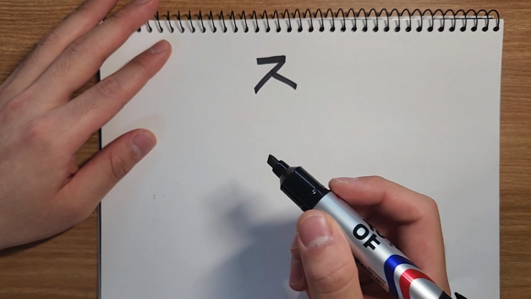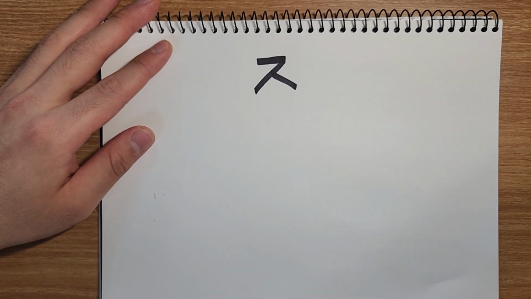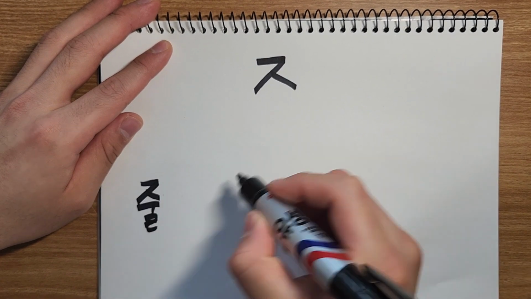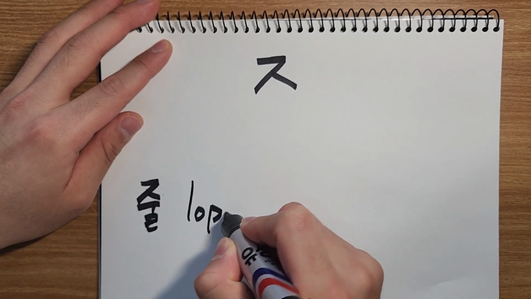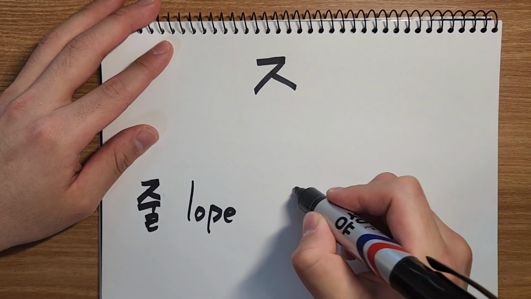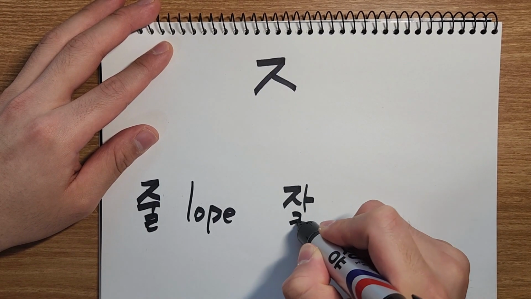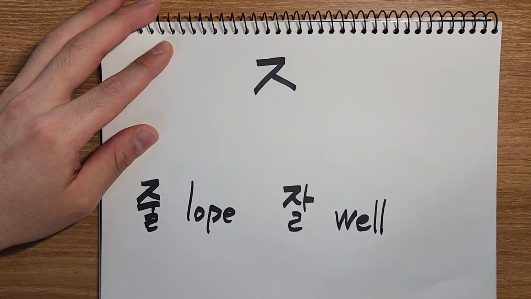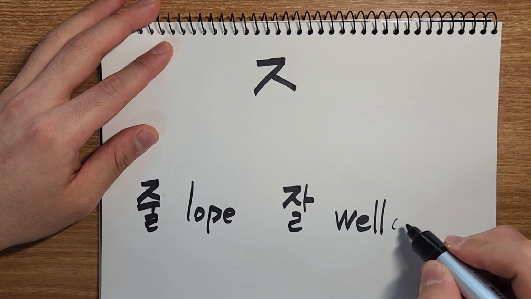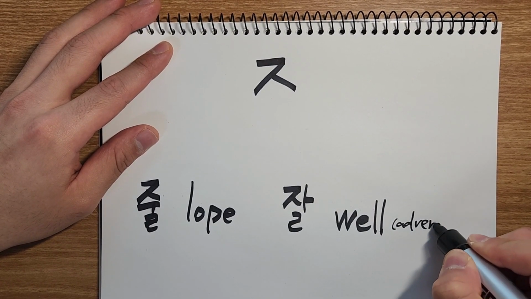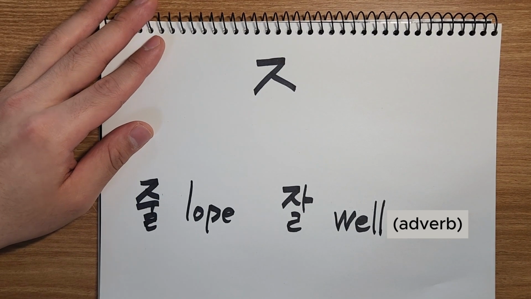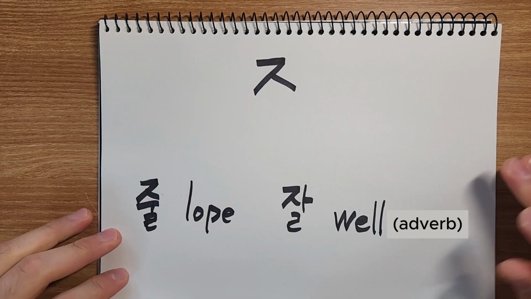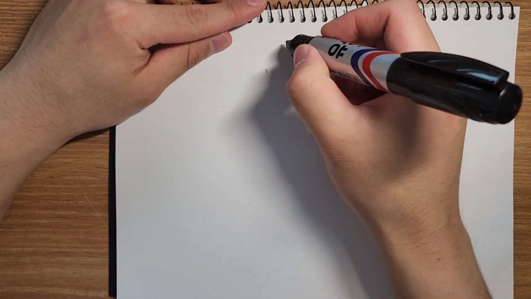So representative words for 지읒 are 줄, which means rope, and 잘, which means well, as an adverb, like you did it well. So 줄 and 잘 are the representative words for 지읒.